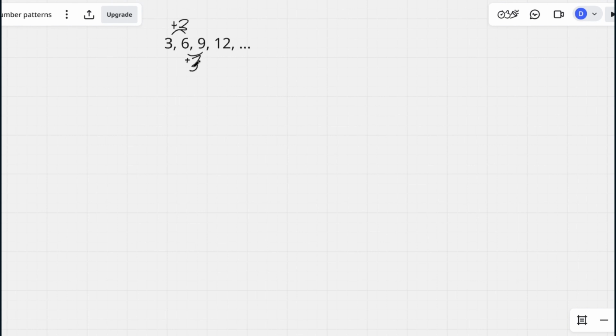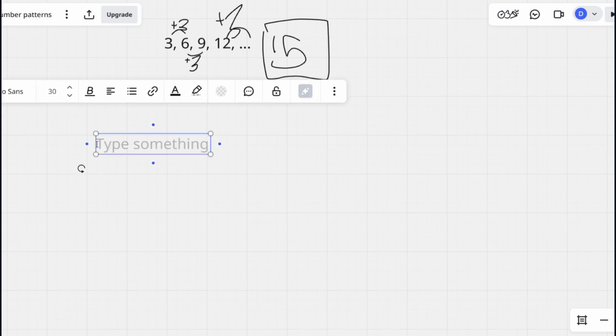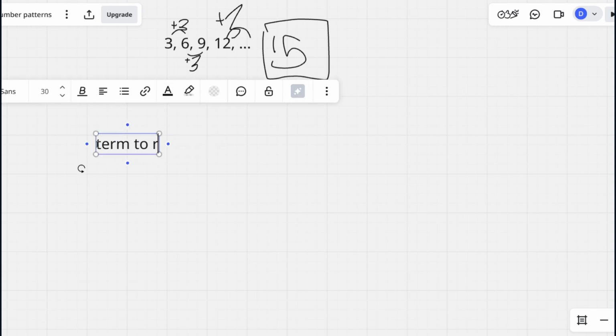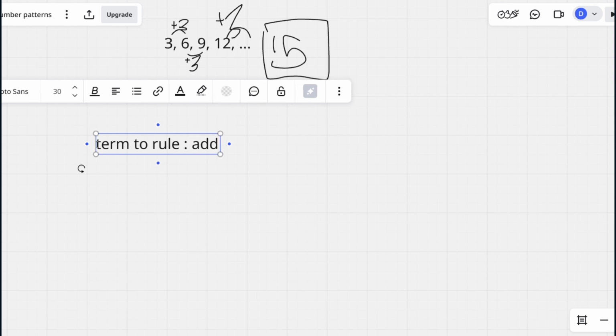So we could easily determine the next term as well, 12 plus 3, which is 15, right? In conclusion, we can say that the term-to-term rule in this pattern, not in all the patterns, in this pattern, will be add 3. This is the term-to-term rule.